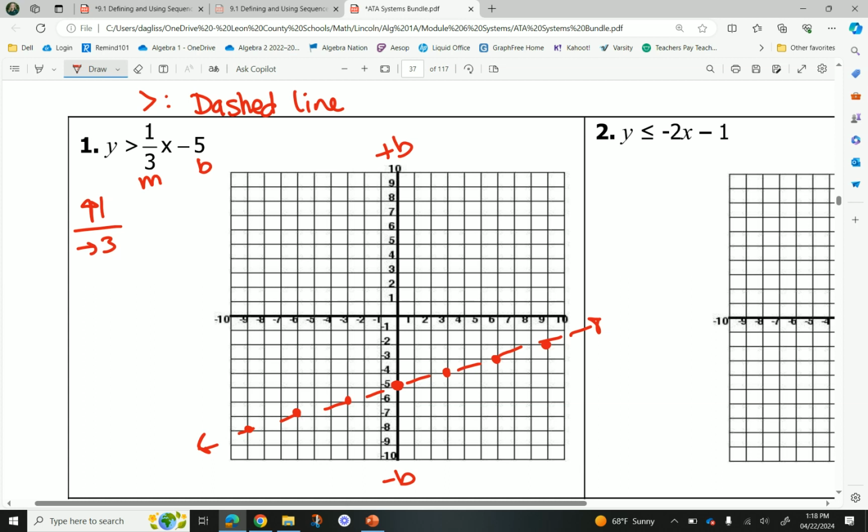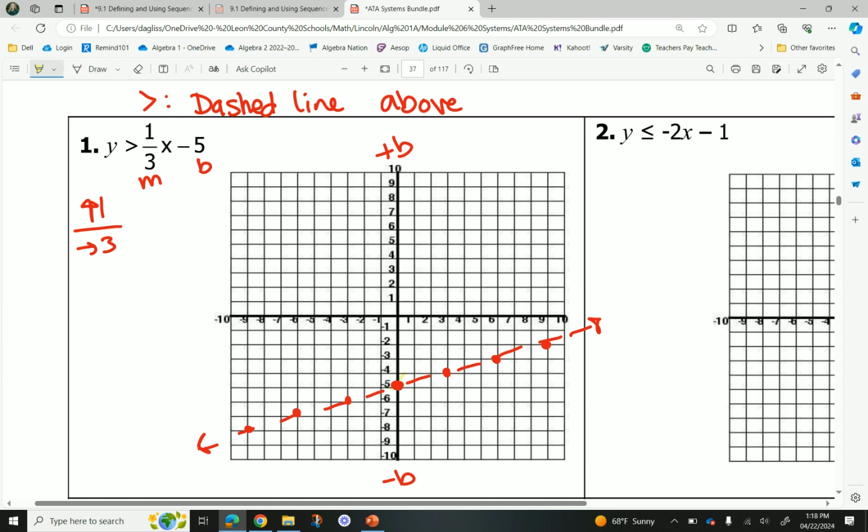There's two ways to prove it. You can plug in the origin, or you can use your inequality symbol. My inequality symbol is greater than. So when I think of greater than, do I think of up or down? Up. So we're going to be above my line, or above the y-intercept. Here's my y-intercept.